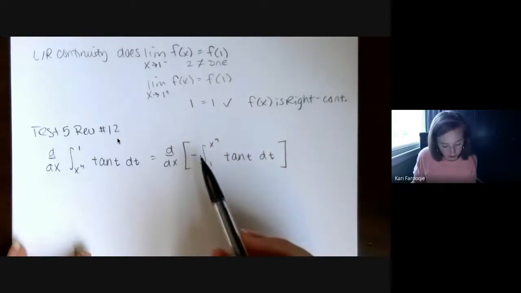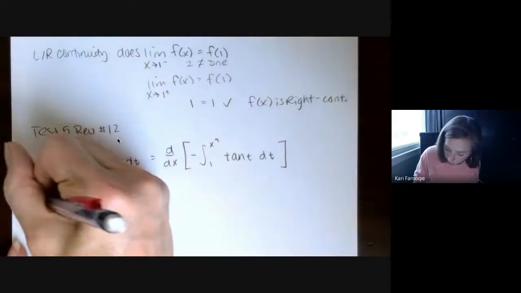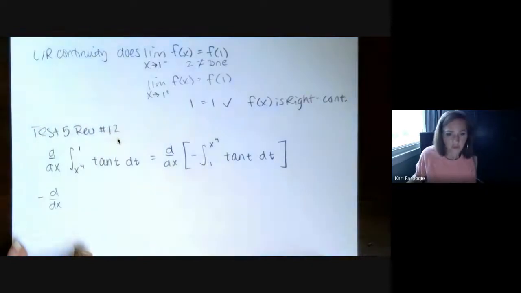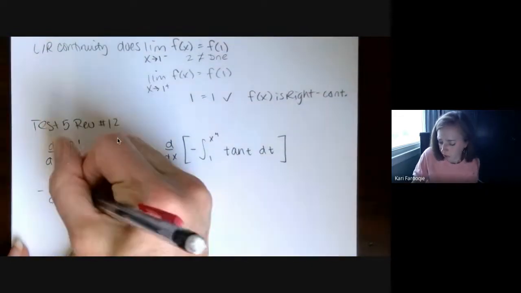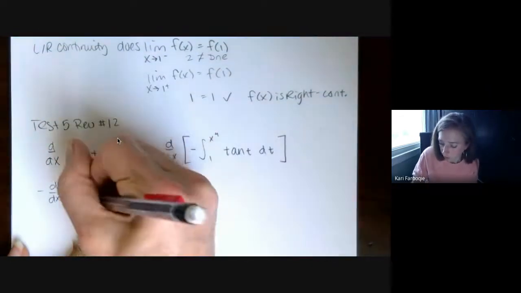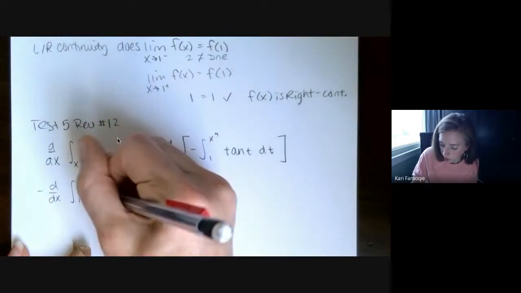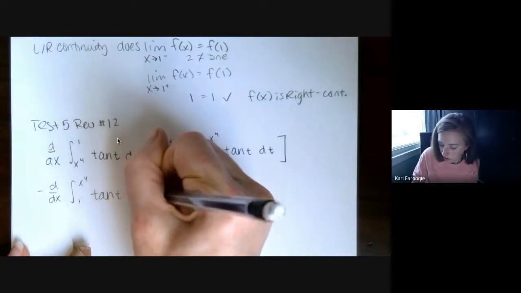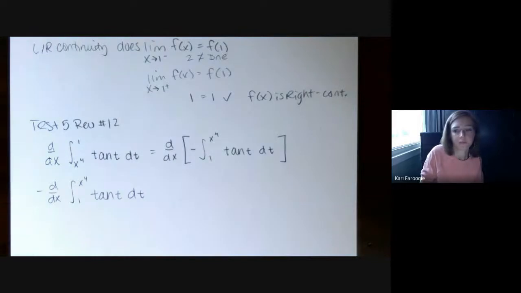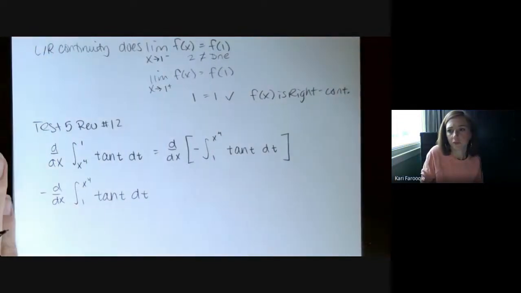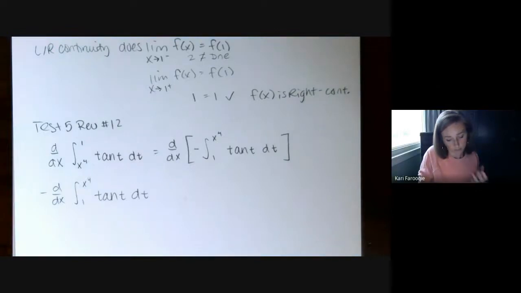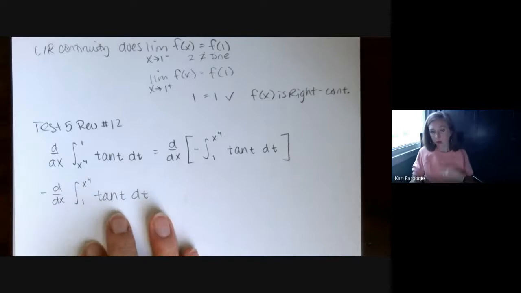We can take this negative sign outside and bring it out in front of your derivative, and just write this as the negative derivative of the integral from 1 to x to the fourth of the tangent of t dt. And then we can treat this like we would have any other problem that we did finding these derivatives.